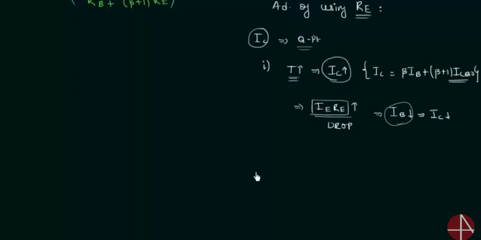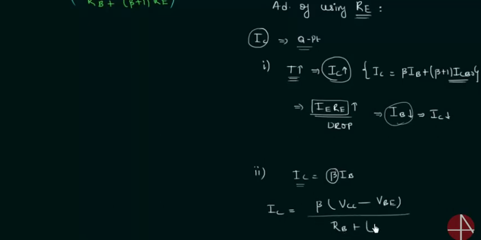The next thing is the beta value. When beta value changes, the collector current will also change because IC is equal to beta times IB. So when beta changes, the collector current will also change. And let's see how resistance RE helps us in this situation. The collector current IC is equal to beta times VCC minus VBE divided by RB plus, inside the bracket, beta plus 1 times RE.